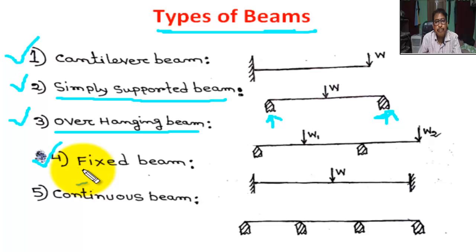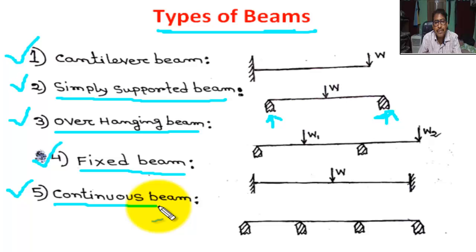Number four, fixed beam. Here two ends of the beam are rigidly fixed. A point load W acts. Number five, continuous beam.